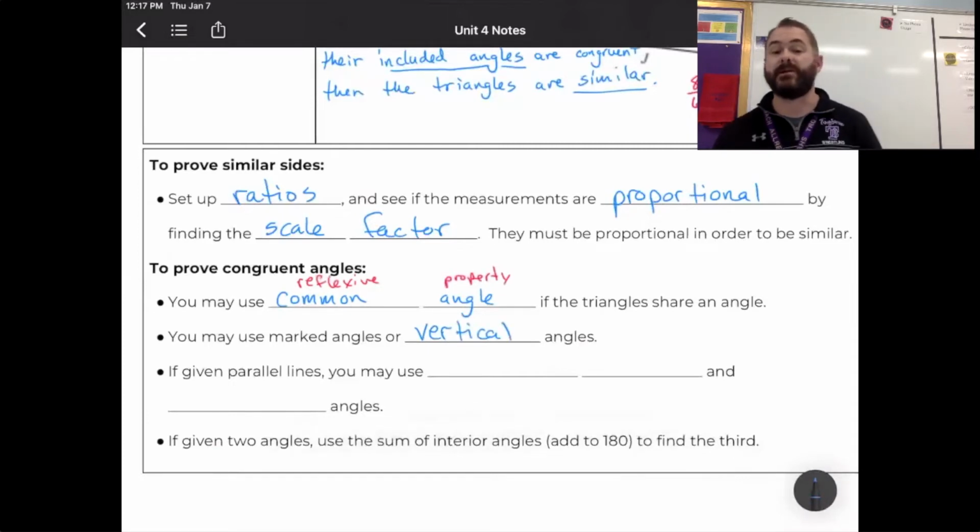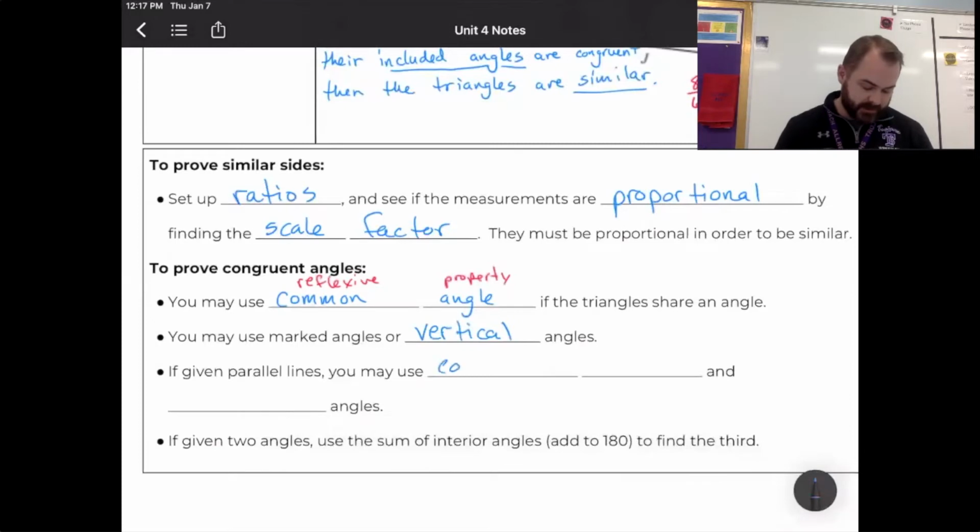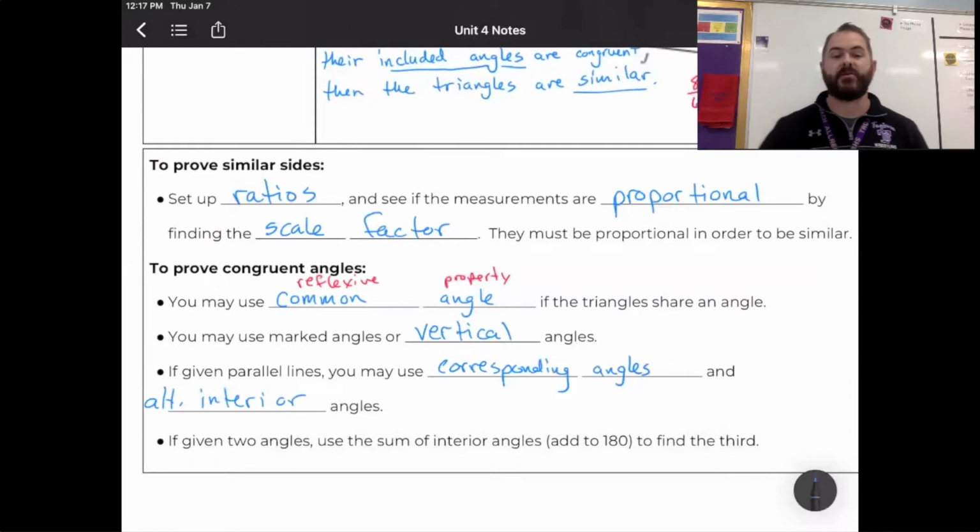If you're given parallel lines, you could use corresponding angles. Or you could use alternate interior angles. Okay? If you're given two angles, you could use the sum of the interior angles, adding up to 180, to find the third angle as well. Okay, so you can use some calculations there by remembering all three angles add up to 180.